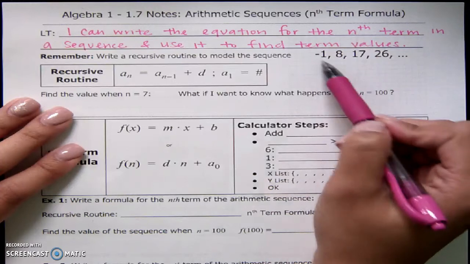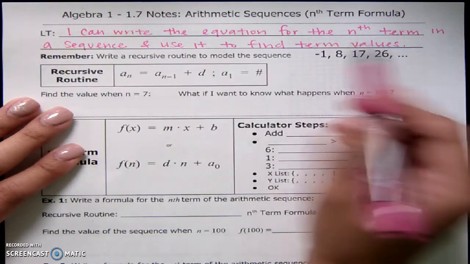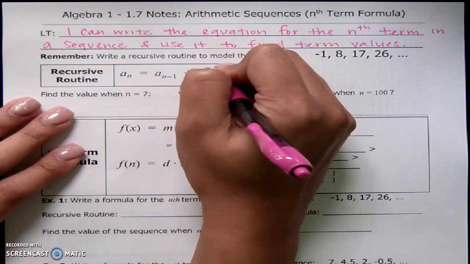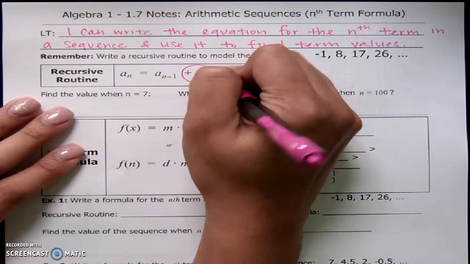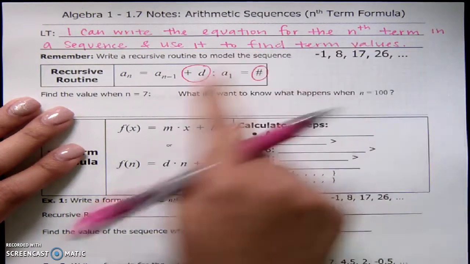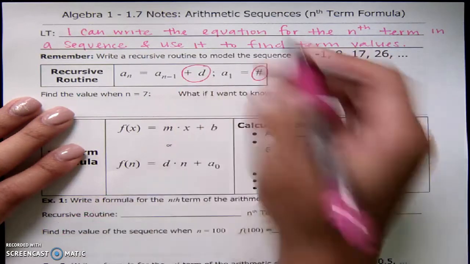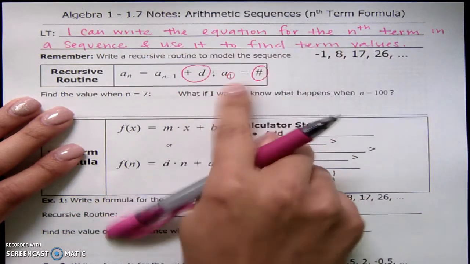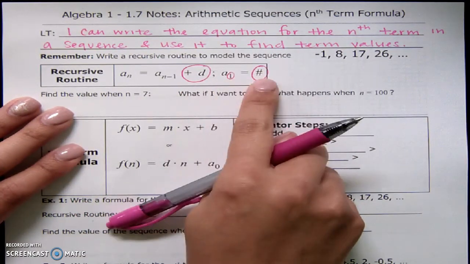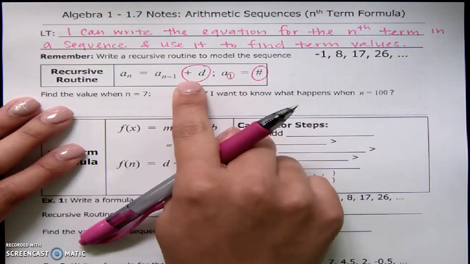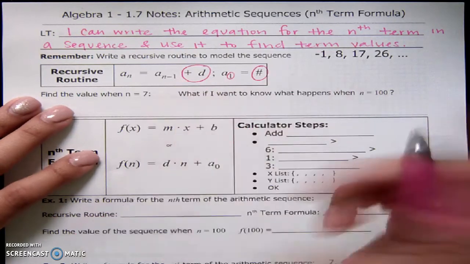When you have a sequence or a pattern, in the recursive routine, the only pieces of information that are going to be changed are D, which is the common difference, and the number, which is the first term. The first number you have in the pattern is not always going to be the same, and the common difference is not always going to be the same. You are either adding or subtracting, so your common difference is either plus or minus.